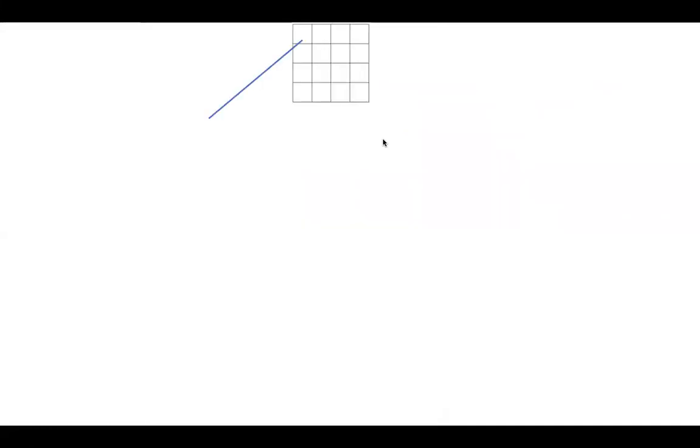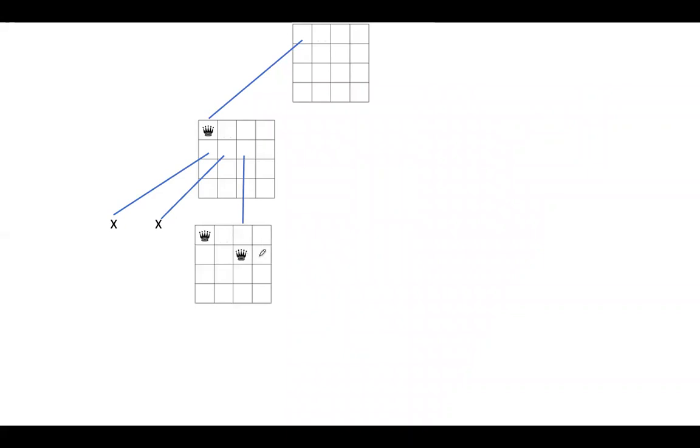We started with the first queen in the first row, first column box. We placed it there, and we tried to place the next queen in the second row. Here it was not possible. Here it was not possible, and we placed it at the third location. And then again, we tried the third queen in the third row.